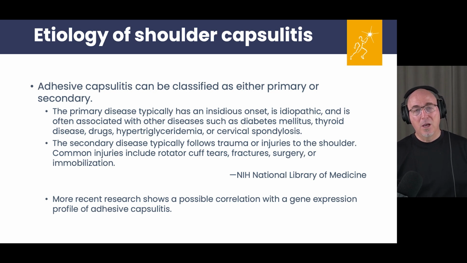What that means is that in our genetic code, there are certain expressions in that genetic code or telomeres that could be related to the disease itself. And we see this a lot with autoimmune diseases and endocrine problems. That's why we see things with diabetes and thyroid correlating to it, of this inflammatory process that causes the tissue disruption inside the capsule of the shoulder.